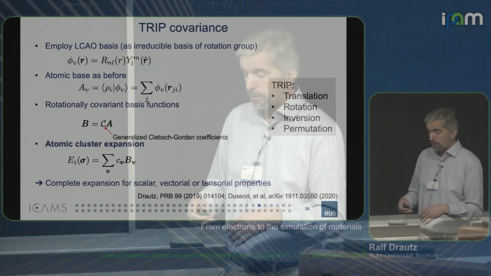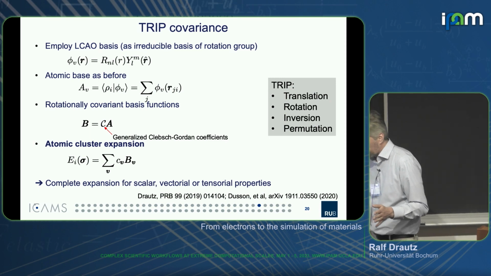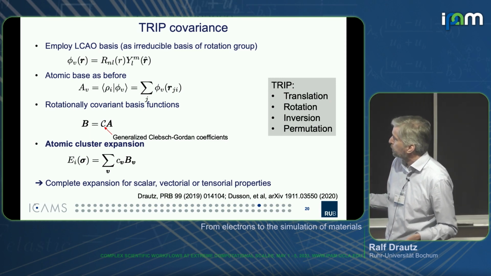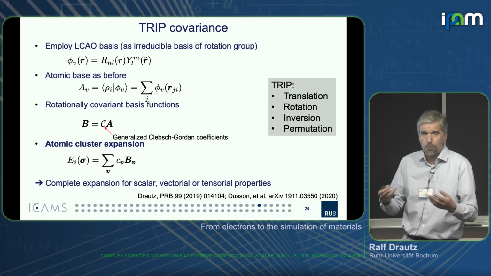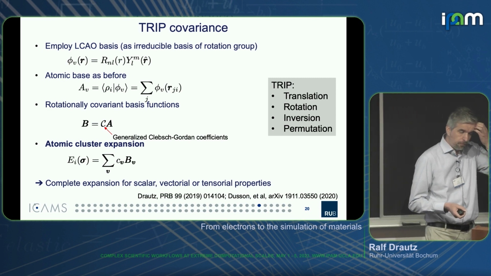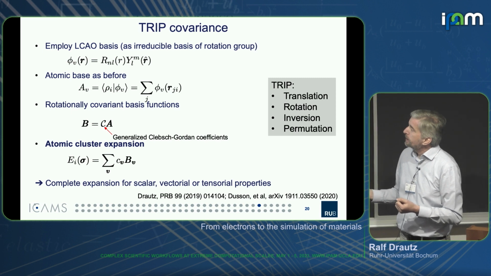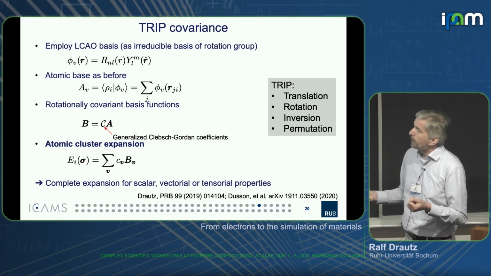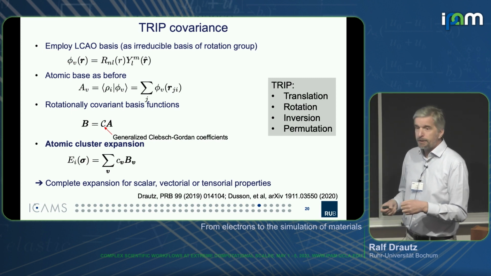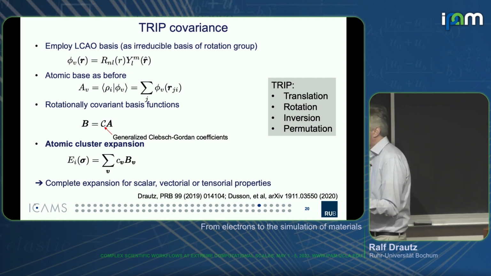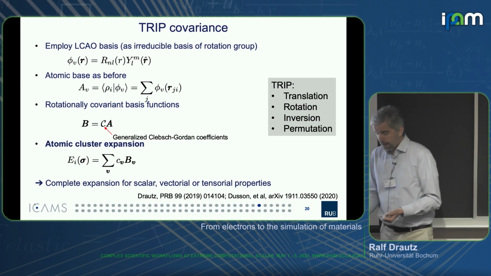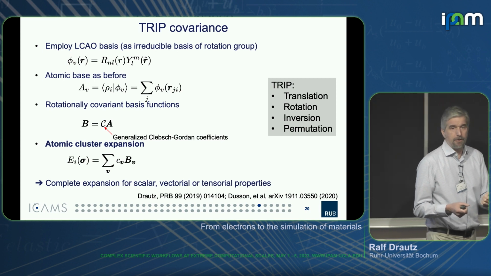And if you have higher order couplings, 5 spherical harmonics, then you get just generalized Clebsch-Gordon coefficients, which themselves are just products of Clebsch-Gordon coefficients. And in this way, we can start from our cluster basis functions, and then with the help of generalized Clebsch-Gordon coefficients, filter out all the angular momentum couplings that do not lead to something that is rotationally invariant.